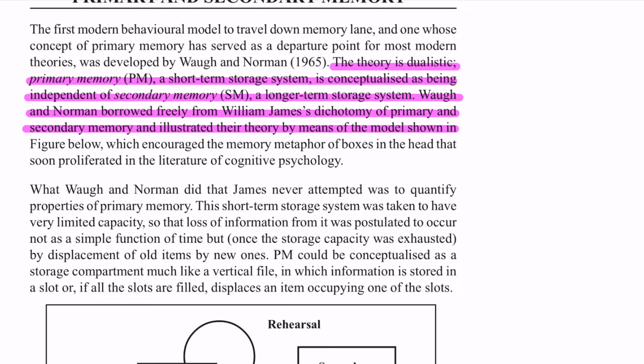Though the concept of primary and secondary memory was given by William James, Waugh and Norman tried to quantify the properties of primary memory, basically short-term storage. According to them, short-term memory has limited capacity, so loss of information from it was postulated to occur not as a simple function of time. It is not only that you forget because you have not recalled the information for a longer period of time.